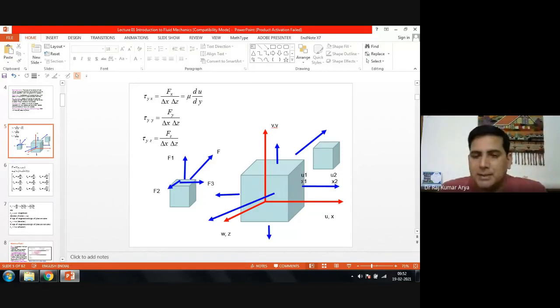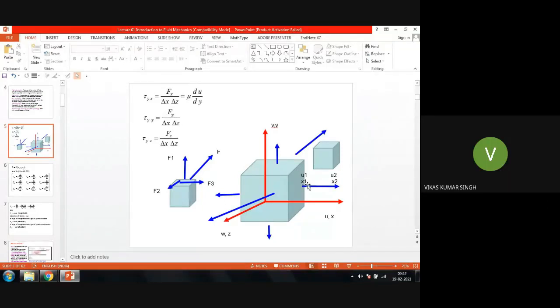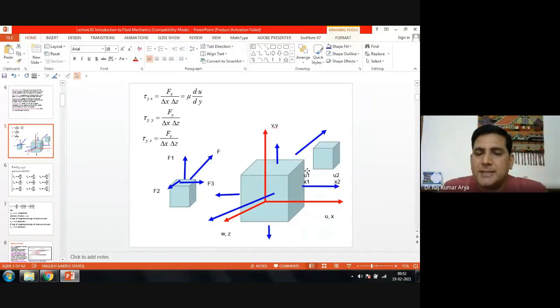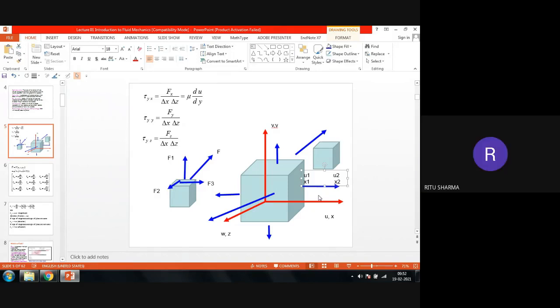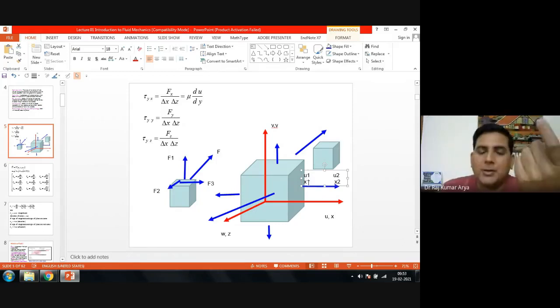Then in that case, u1 minus u2 would be a plus quantity, divided by x1 minus x2, which would be a negative quantity. Correct or not? So on top you have plus, on the denominator you have minus.